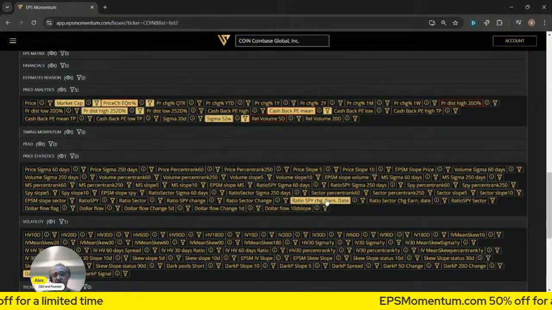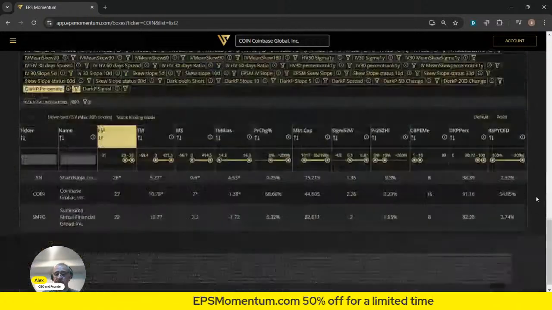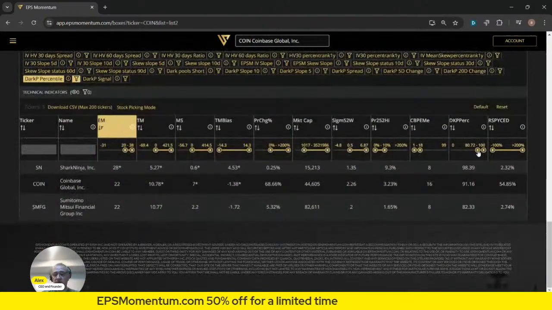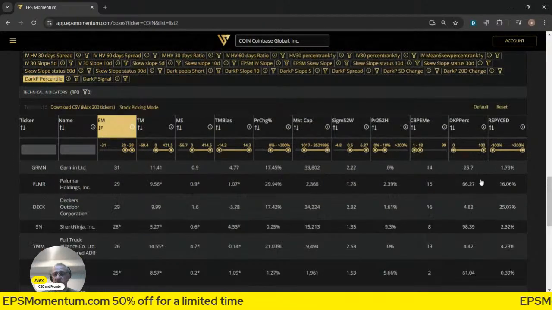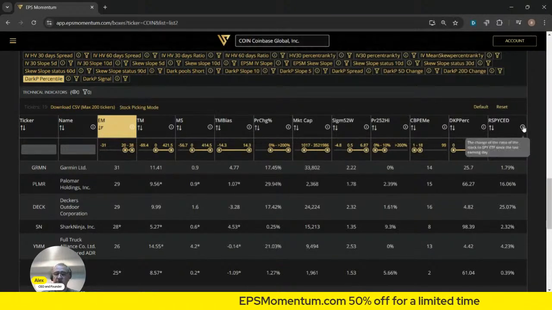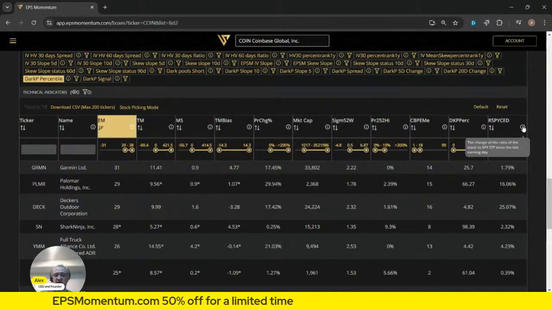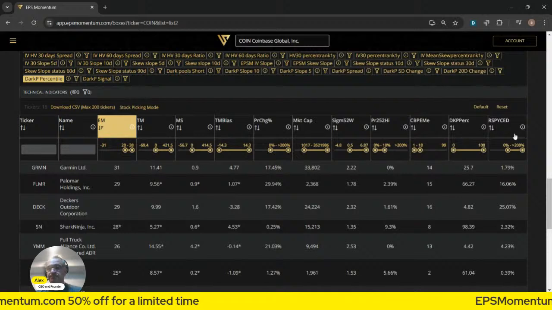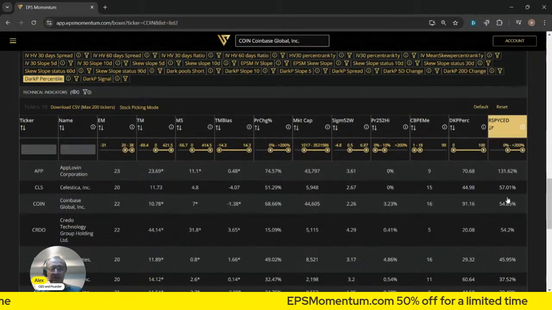So this is this field here, which is very, very key, I would say. So I'm going to remove this filter here of the dark slope and focus on the stocks that have been outperforming the S&P. So this is really the change of the ratio of the stock to the S&P since the last earning day, right? So let's sort this out, and we can see Applovin, Celestica.